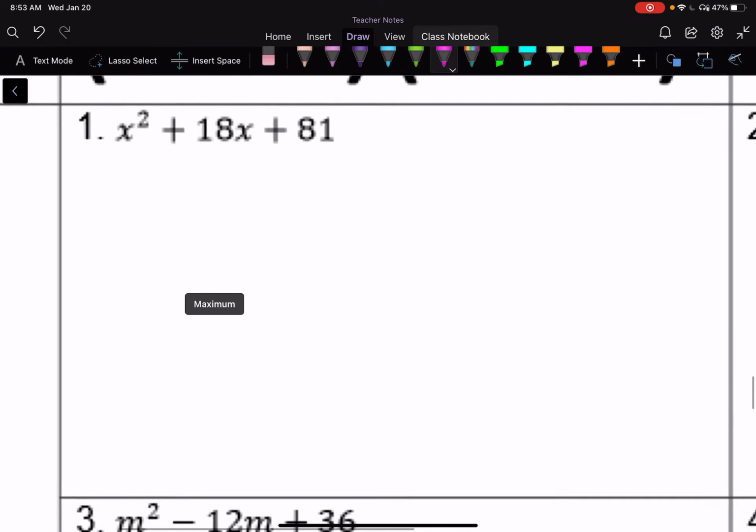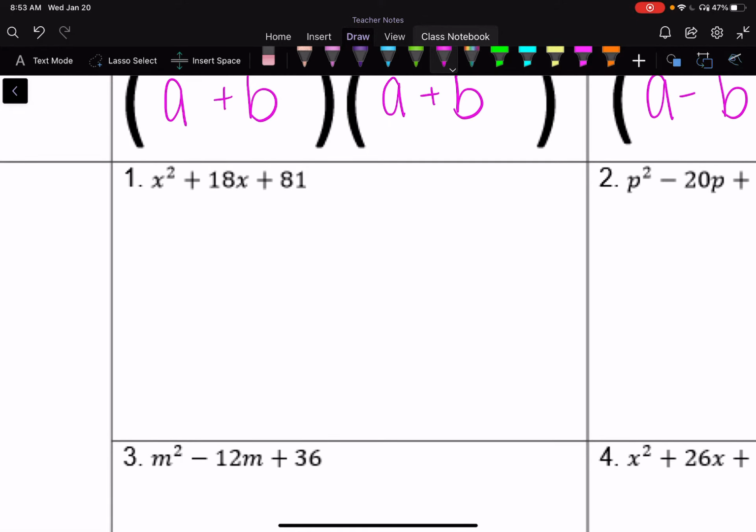So number 1, I am first going to look at my first term and my last term and do the A and C chart like we've done previously with my trinomials. I have 81 and 18. We know that 81 is a perfect square that breaks down to 9 times 9, and 9 plus 9 will give me 18. So we have x squared plus 9x plus 9x plus 81.